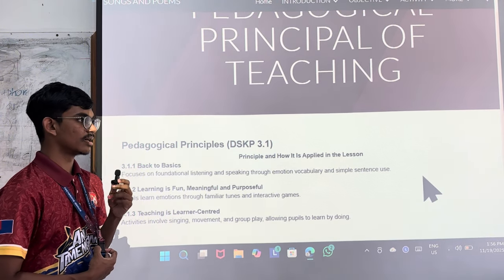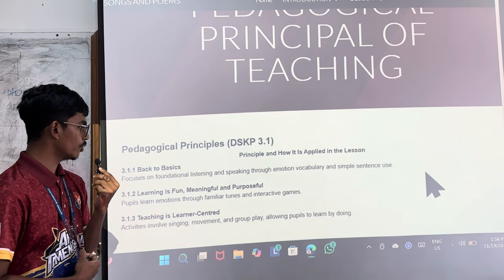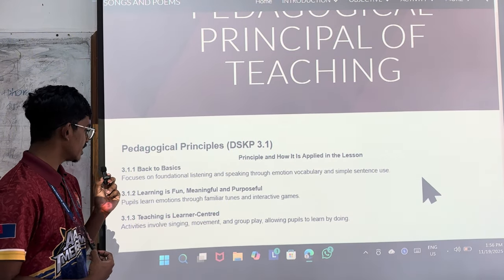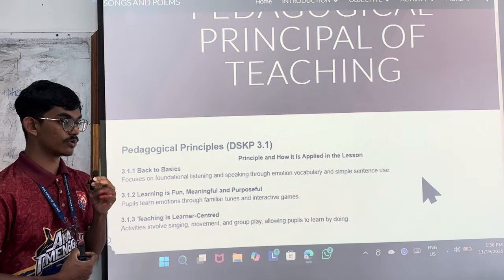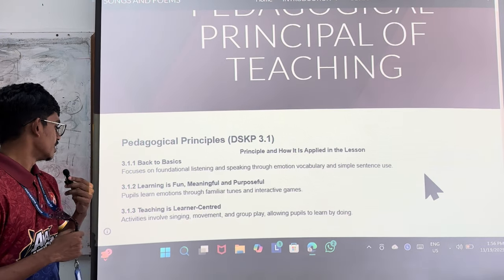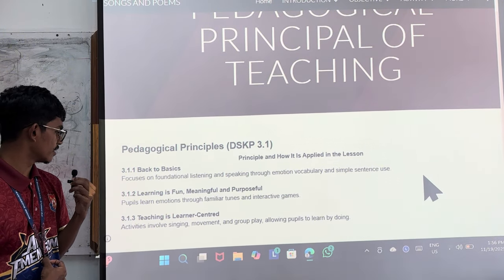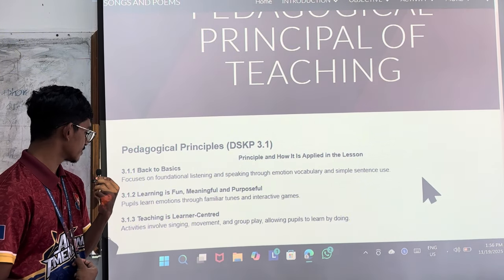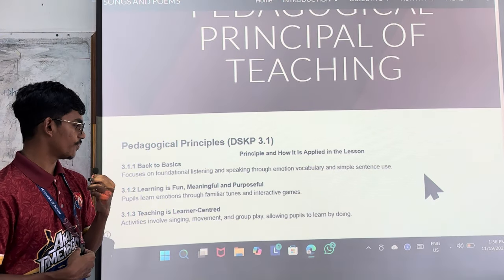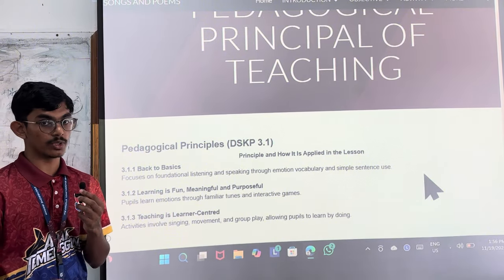And the next is 3.1.2, learning is fun, meaningful and purposeful. Pupils learn emotions through familiar tunes and interactive games such as the Juniorly board game. And the last is 3.1.3, teaching is learner centered. So the activities involve singing, movement, and group play, which allows pupils to learn by doing.